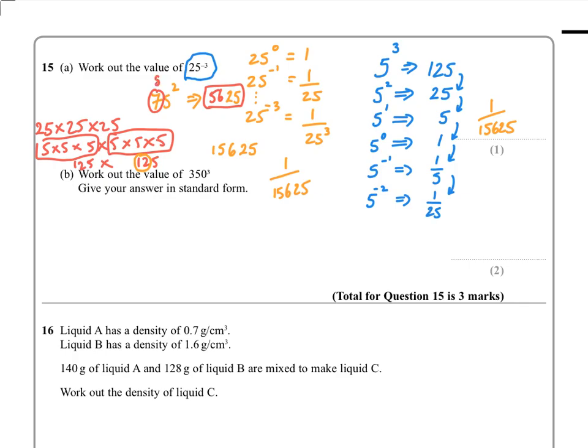So work out the value of 350 to the power 3. Well, that's going to be 350 times 350 times 350, which is 35 times 10 times 35 times 10 times 35 times 10.